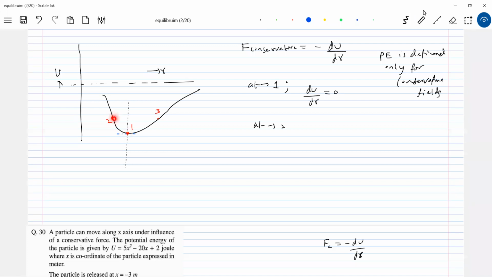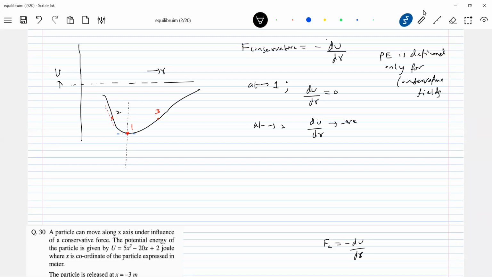Now at 2, what is the slope? So you draw like this. I'm going to draw a tangent here. At 2, I drew a tangent. What is the slope? Negative, no? The slope is negative, so dU by dr is negative.